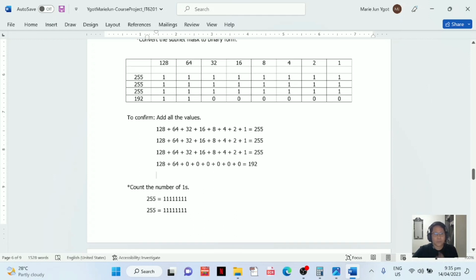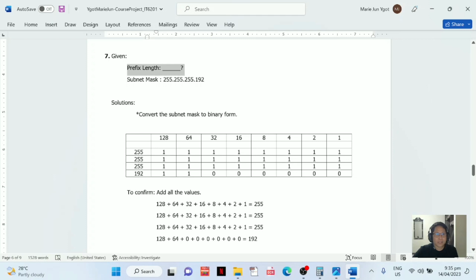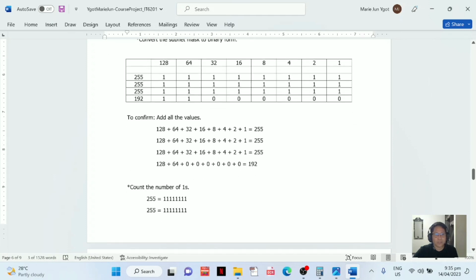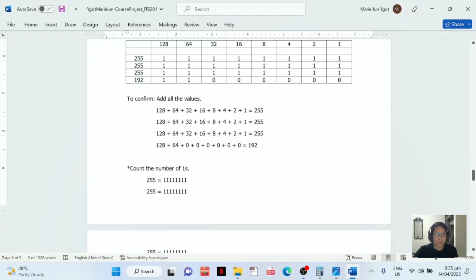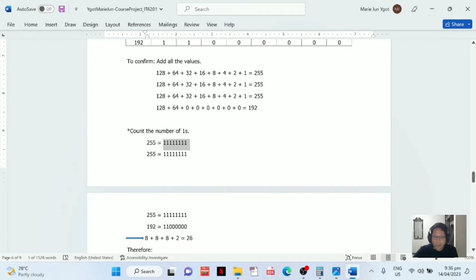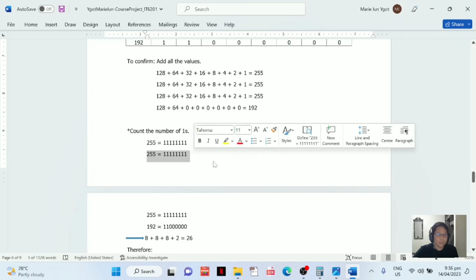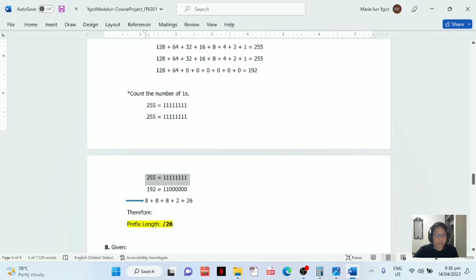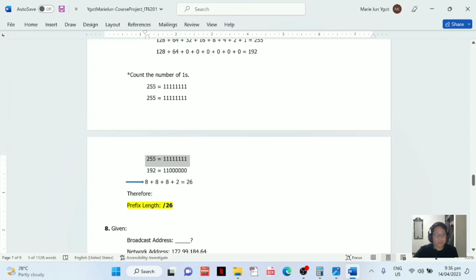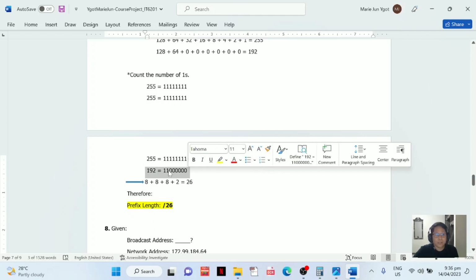Now, since we're looking for the prefix length, we're going to count the number of ones. Our first octet has 8 ones. The second octet also has 8 ones. On the third octet we also have 8 ones, and on our last octet we only have 2 ones.